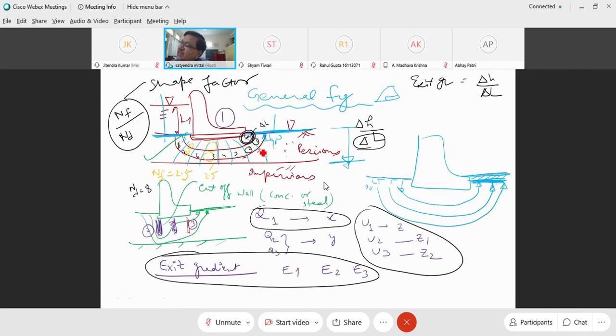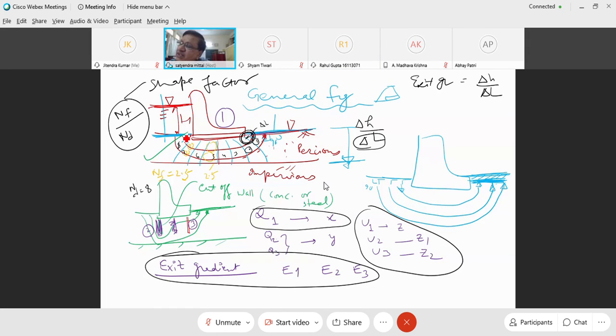What I said is that these are the flow lines, the red ones. When these flow lines touch the downstream side of the dam, they still have some potential. Why do they have potential? Because there is a hydraulic head.